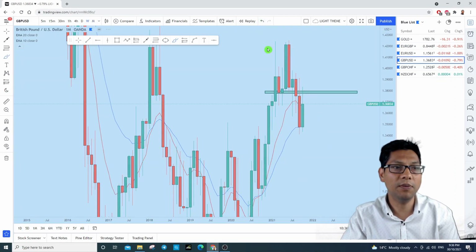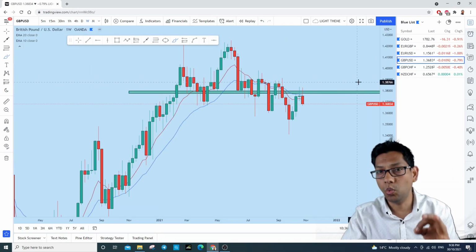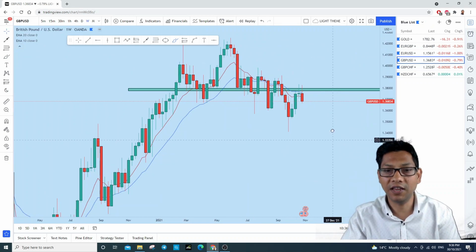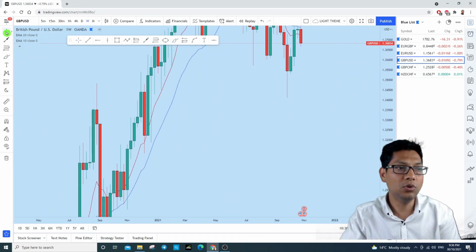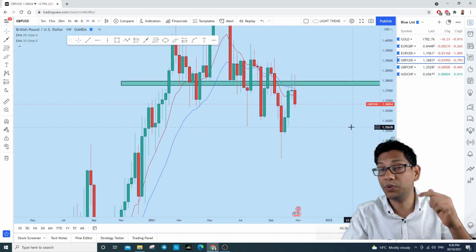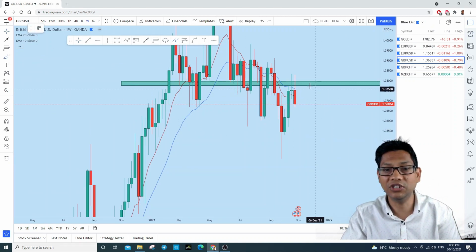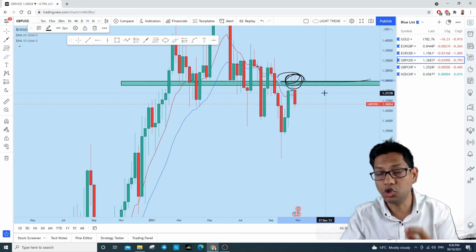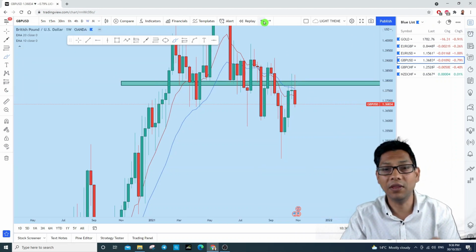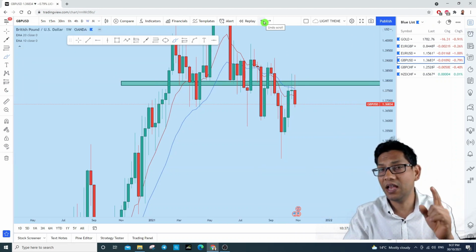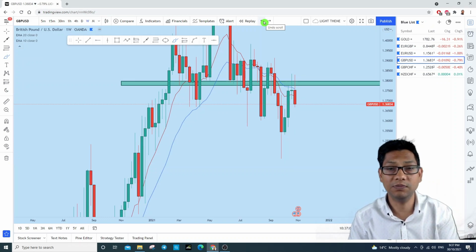Now let's jump on to the weekly time frame, where we can see a bit clearer picture. On the weekly, as you can see in my previous week's analysis, I said that GBPUSD will drop from this zone, and that is exactly what happened. You can see how accurately this analysis has worked out, exactly the way I told.